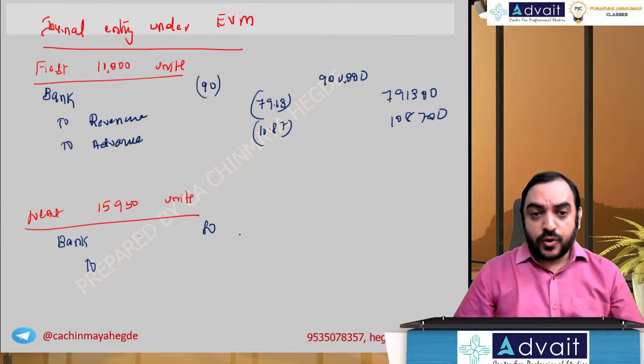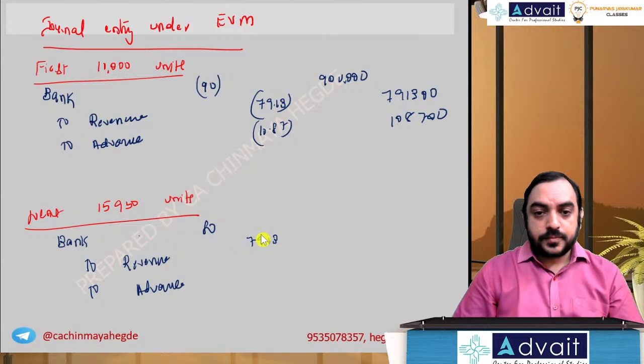Revenue balance amount is going to be 79.13, bank account to revenue, and the balance is going to be advance, that is 80 minus 79.13, 0.87.